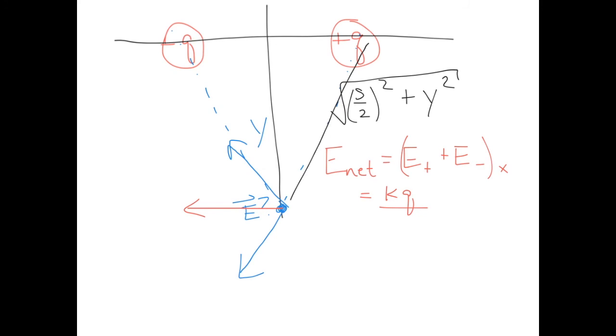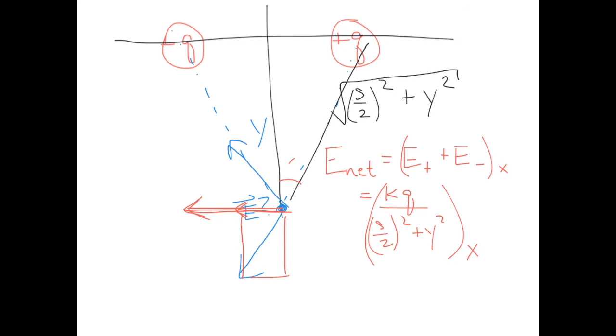So then if we square it again to put it on the bottom, s over 2 squared plus y squared. But we only want the x component of that. So this electric field here, it's two x components, one from each of these electric fields. We just want the x component of that.